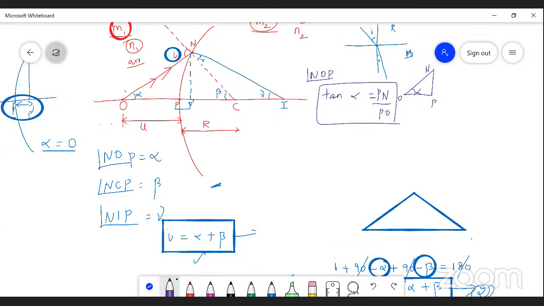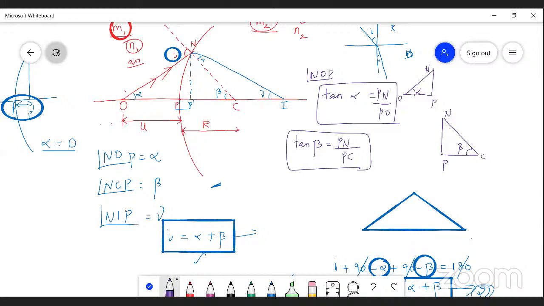And angle NCP, beta value. Tan beta is equal to what? Tan beta is equal to PN divided by PC.